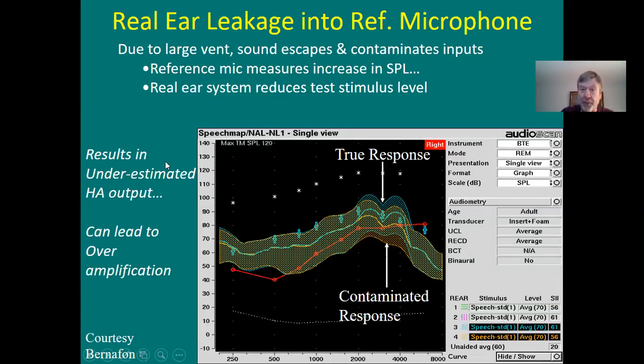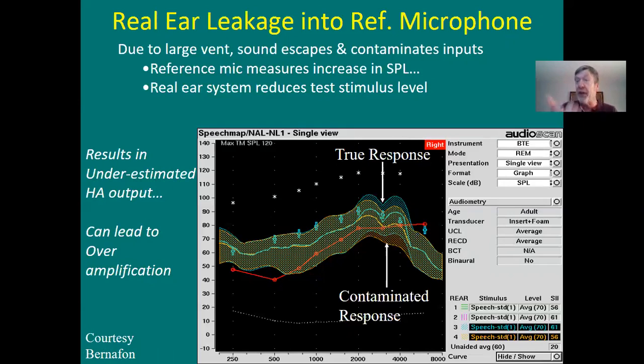You're going to compensate. You're going to get a contaminated output right here. See that? So the real ear system is going to suggest to you, oh, you better increase your gain, increase it to match the target. Here's your targets. So you're getting a contaminated output, meaning it's less than what it really is.